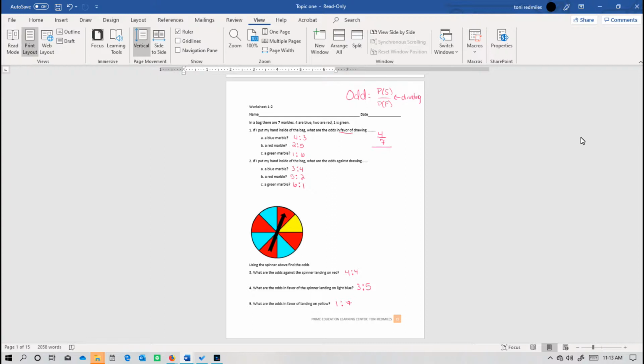Now, the probability of failure is that there are 3 marbles in that bag that are not what I want over the total amount, because that's how I find a probability. This means to divide, remember? So it's actually 4 over 7 divided by 3 over 7.